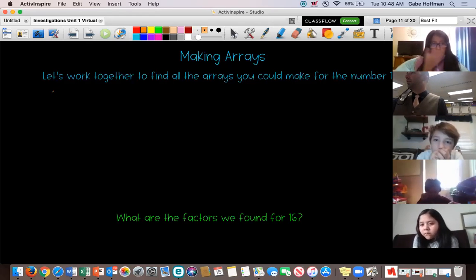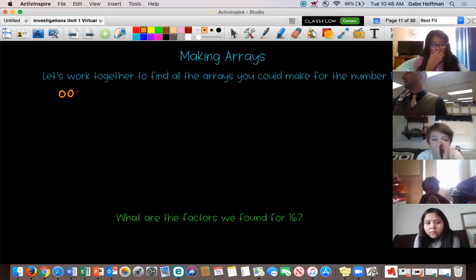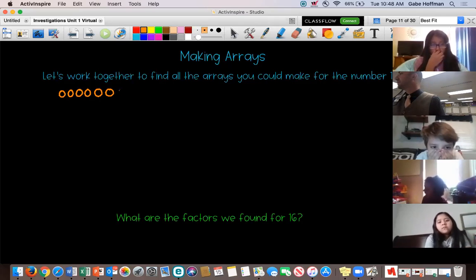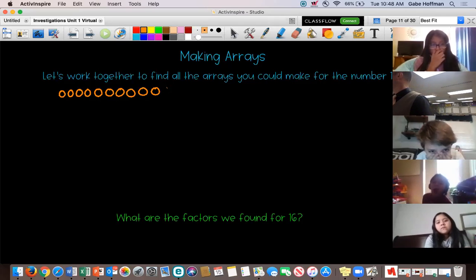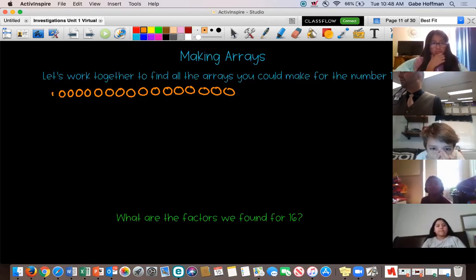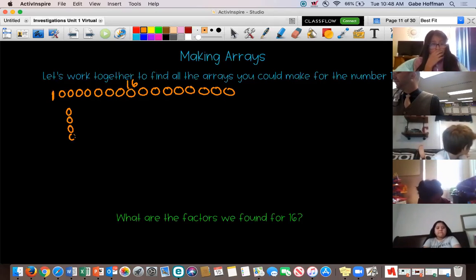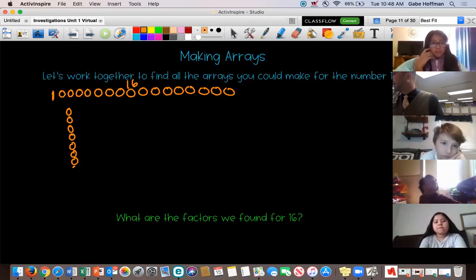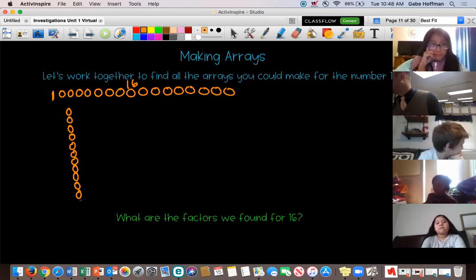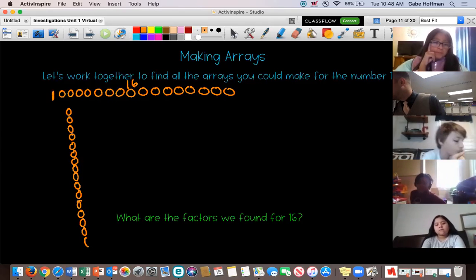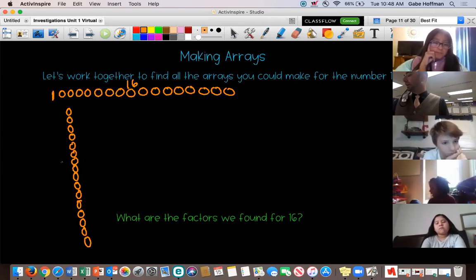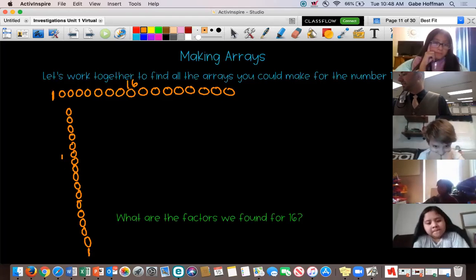So that means I'm going to make one row with 16. 1, 2, 3, 4, 5, 6, 7, 8, 9, 10, 11, 12, 13, 14, 15, 16. So I have 1 and 16 as one factor pair. I can also do 16 rows of 1, so I have another one where I can show 1 and 16.